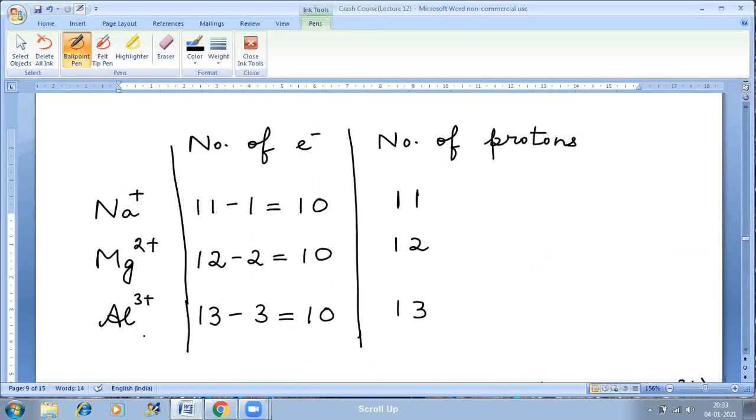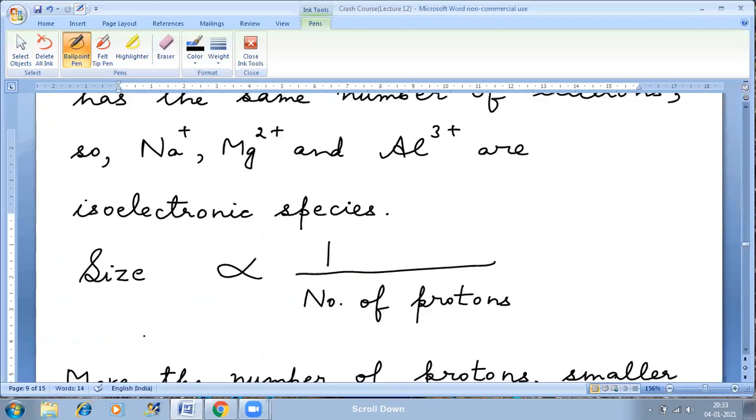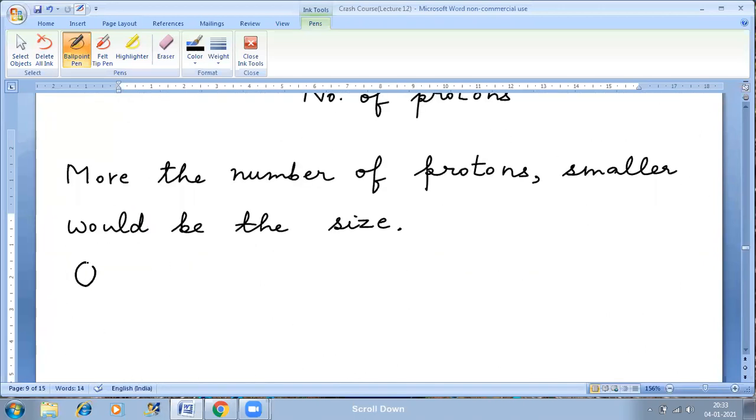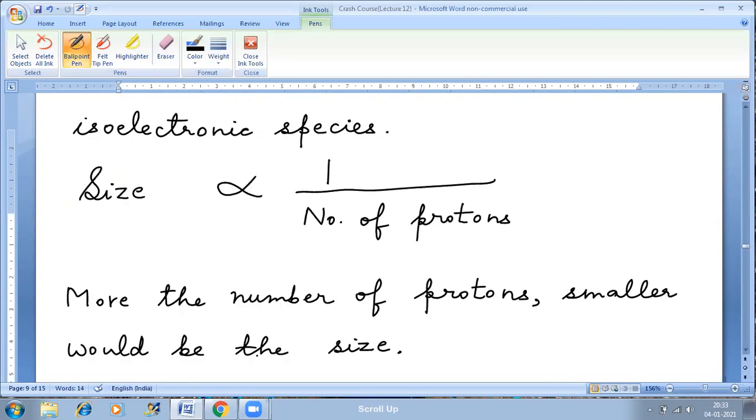Now, the number of protons is maximum in Al3 plus, that is, 13 protons are there. That means its size will be the smallest out of these three. So for the order of sizes, the smallest will be that species which has the largest number of protons.